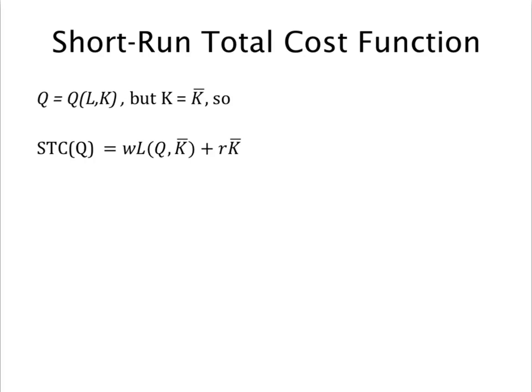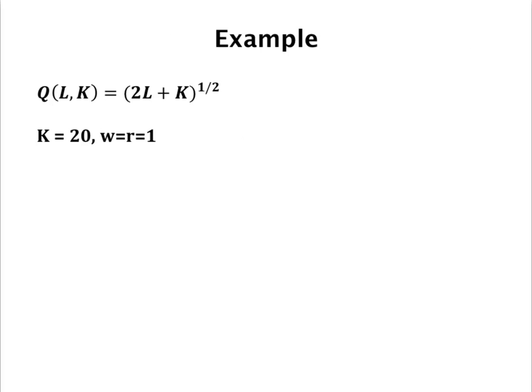Let's work an example. With this constant returns to scale production function, K fixed at 20, and the wage and rental rate of capital set to 1, Q squared is going to be equal to 2L plus 20. So L is equal to 1/2 Q squared minus 10.